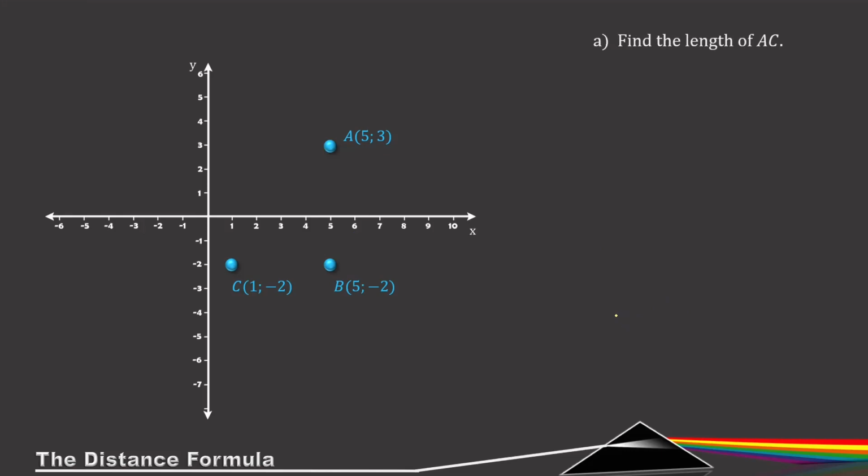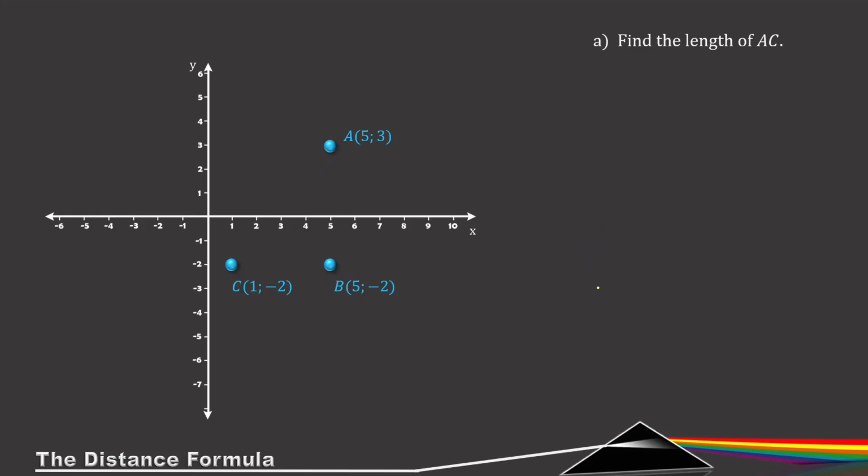One way we can do this, like in the earlier questions where we had to find AB and BC, is to take the lengths, because AB forms a line parallel to the y-axis, and CB forms a line parallel to the x-axis, meaning this forms a right angle triangle. So we can use Pythagoras and take the distance AB, take the distance CB, and substitute them into the Pythagoras theorem to find AC.